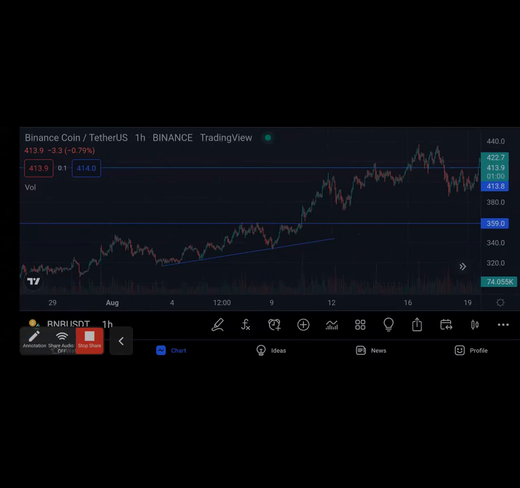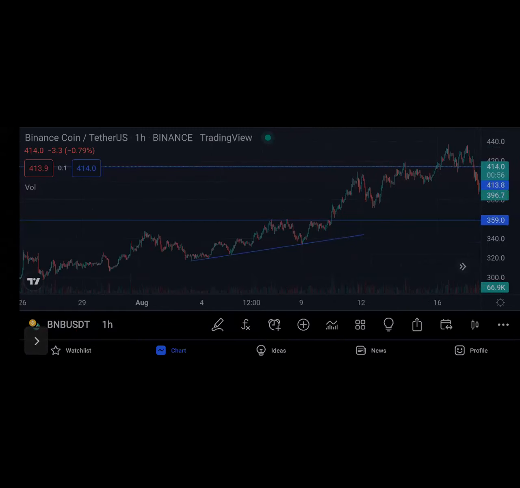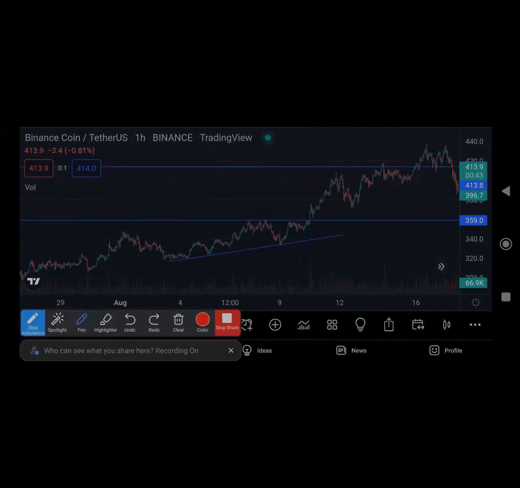So let's talk about how you can make your entry and take your profits in an ascending triangle. Your first entry can be after the third touch, as in the first rejection.